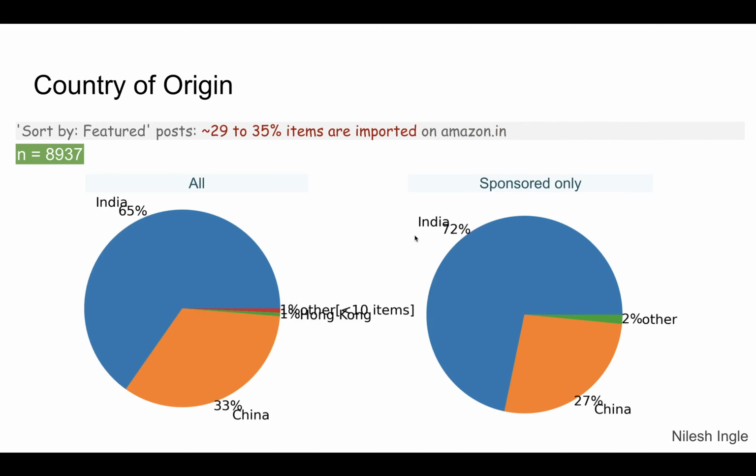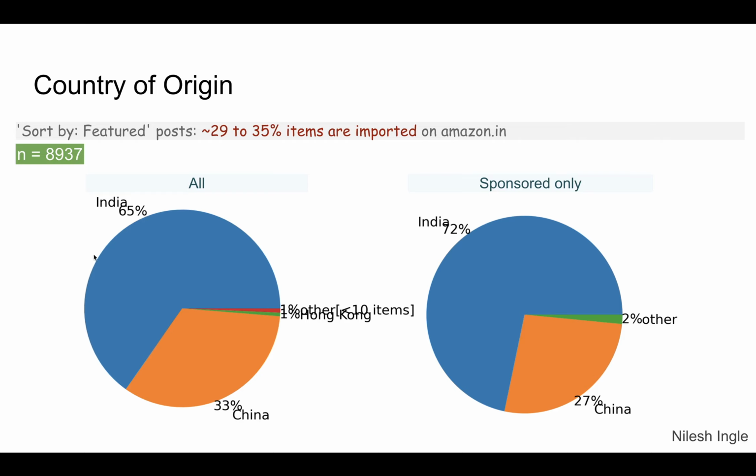And moving on, now we're switching gears a little bit. If you've ever thought of the country of origin for the toys that are sold, what proportion is imported and what proportion is manufactured within the country? So this is what I saw.